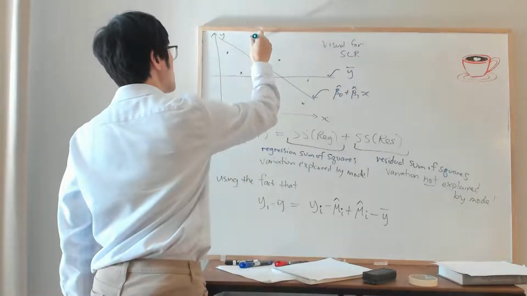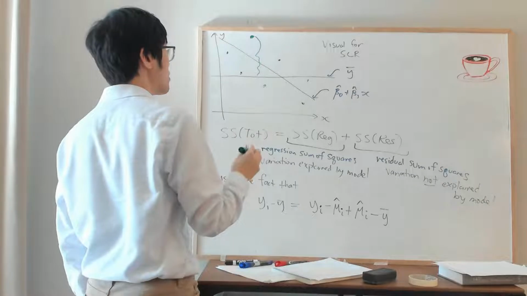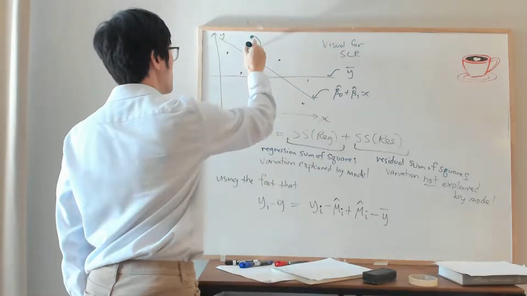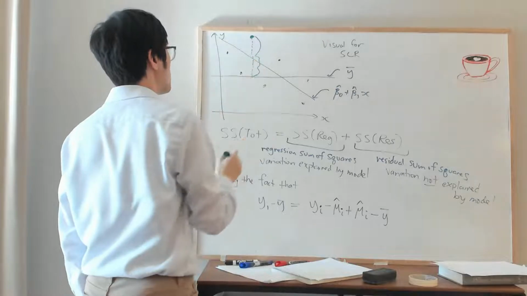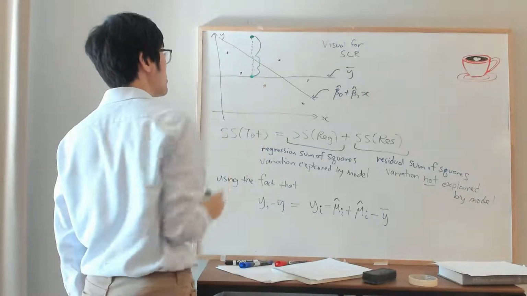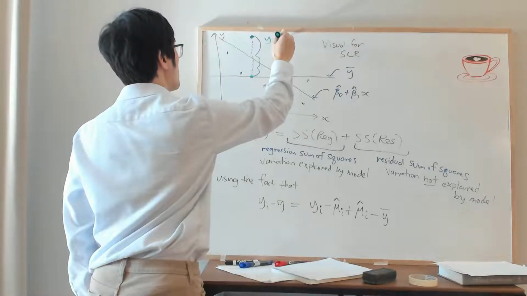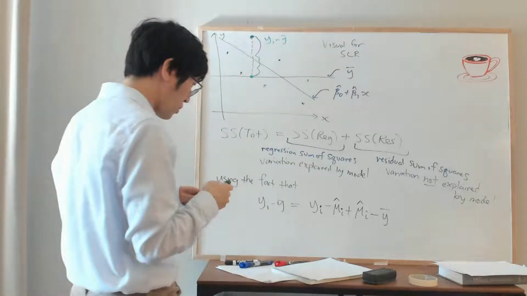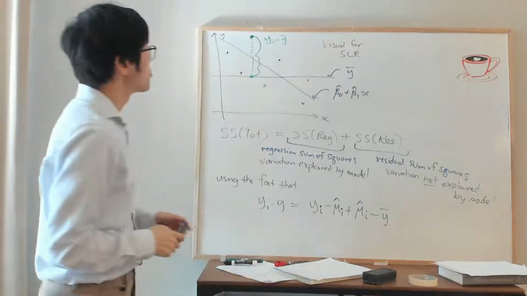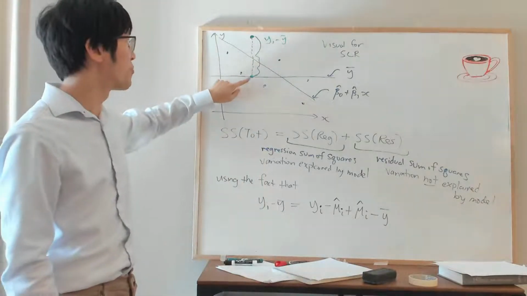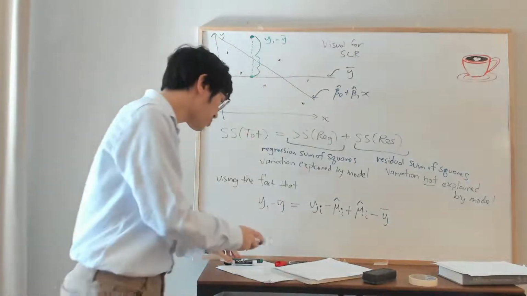So this whole distance, the corresponding line here where it meets this line, is yi minus y bar. You see this point is quite far away from the sample mean y bar.